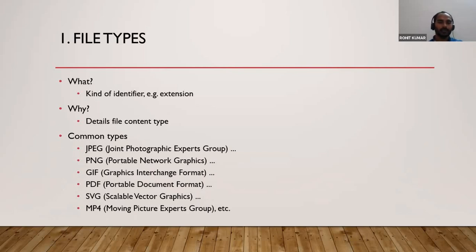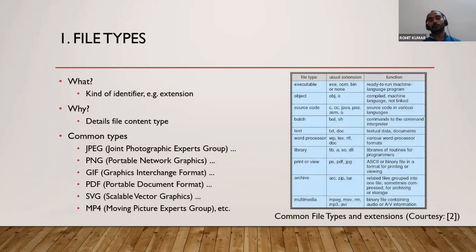As you can see written over here, these are the popular extensions of our normal day files, like JPG, Joint Photographic Experts Group, then Portable Network Graphics, Graphics Interchange Format, Portable Document Format, and MPEG, the Moving Picture Experts Group, which is MP4. In this way, we see lots of files every day, and we recognize their extension.